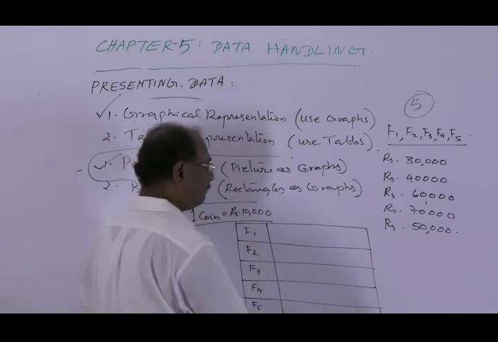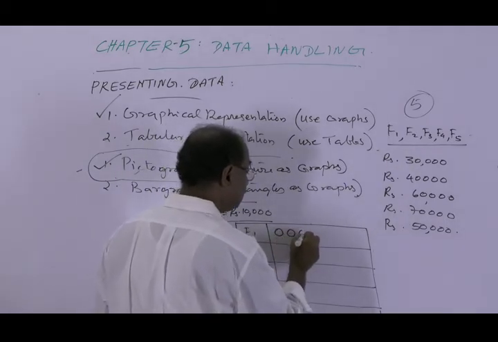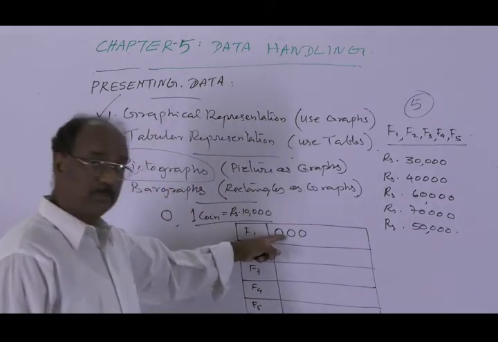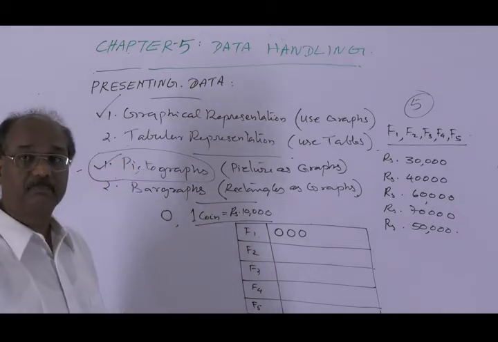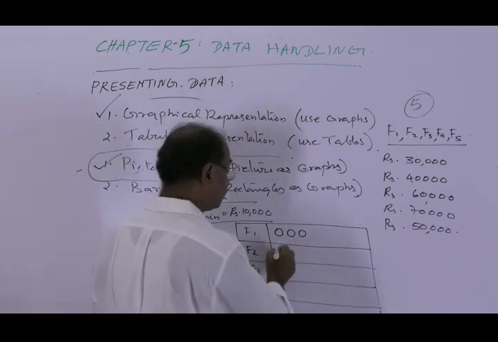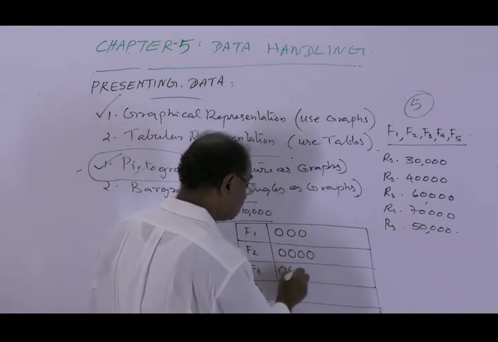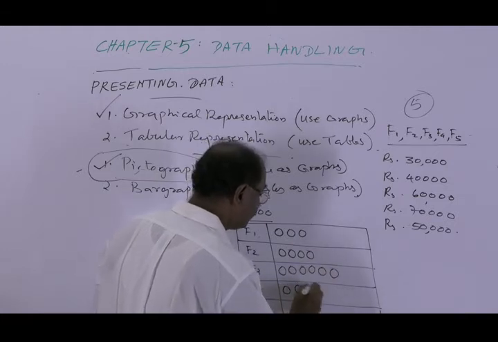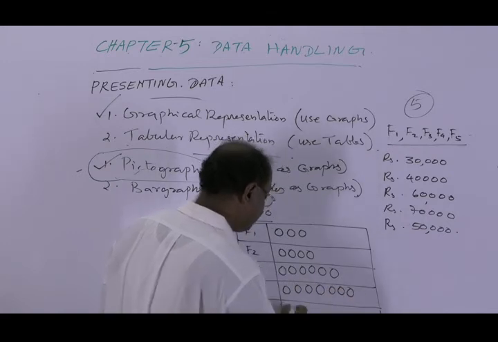For the first family, income 30,000, we draw 3 coins. This means the annual income is 30,000 rupees with the scale. The scale also will be indicated in the figure, at the top or bottom. For F2, 40,000, 4 coins, then 6 circles, 7 circles, and 5 circles.